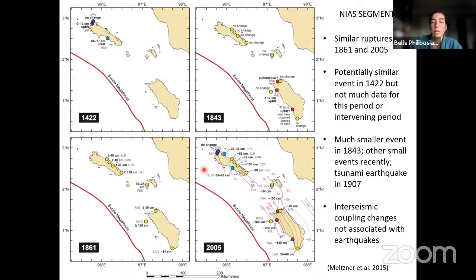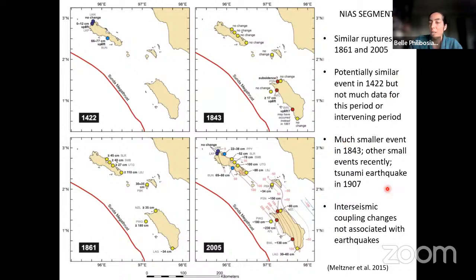There was also a potentially similar event in 1422, but as you can see, we have much less data for that, and not much data in the intervening time. So there definitely could have been more earthquakes in between, but we just haven't found any corals of that age.